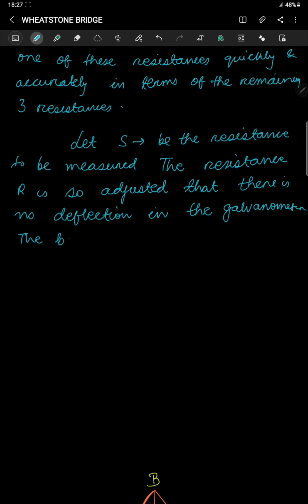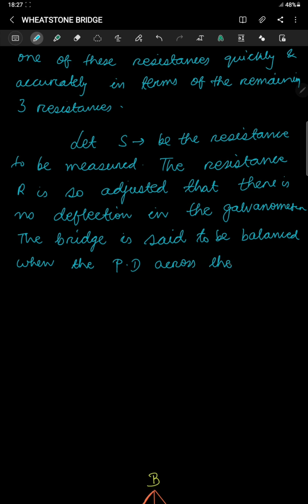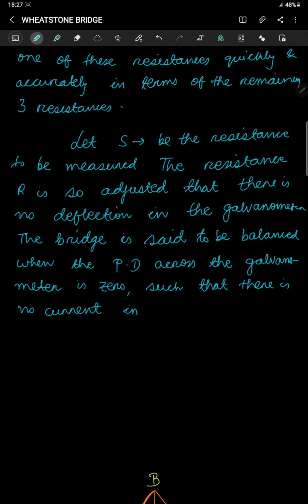The bridge is said to be balanced when the potential difference across the galvanometer is 0, such that there is no current in the galvanometer. Okay, no current in the galvanometer.